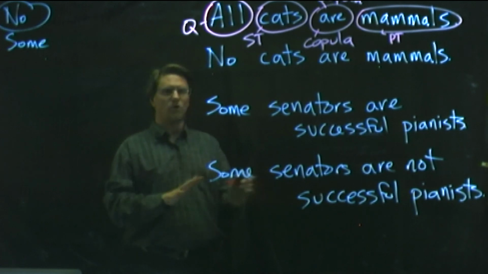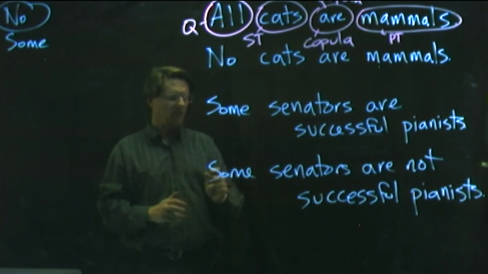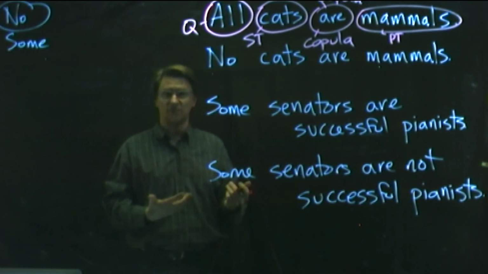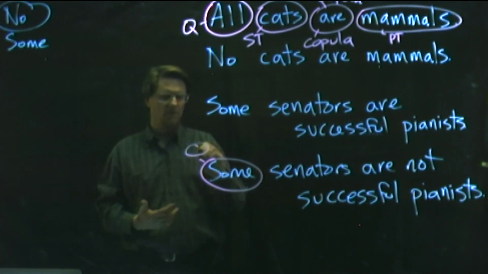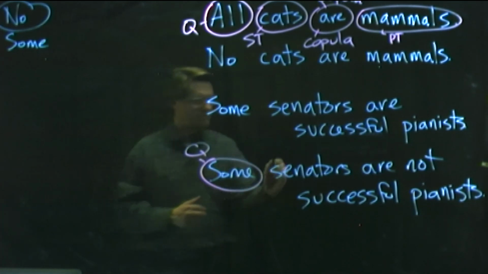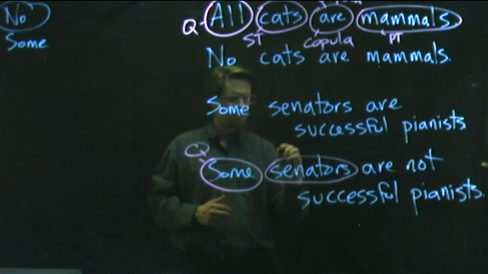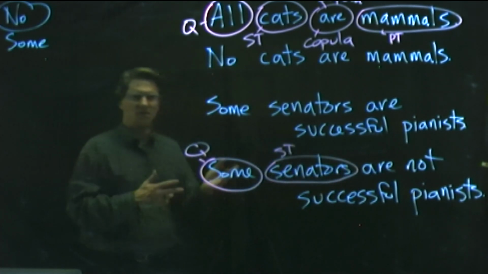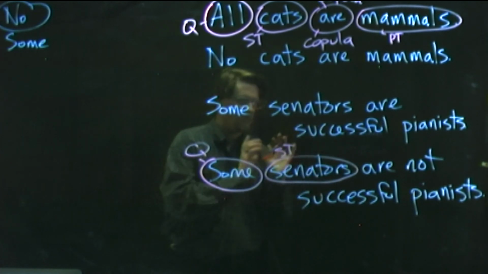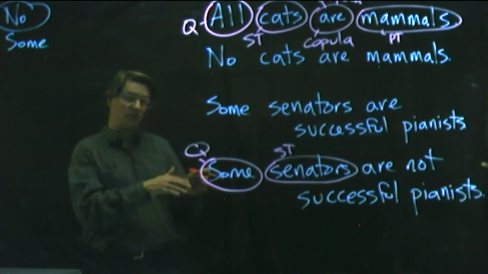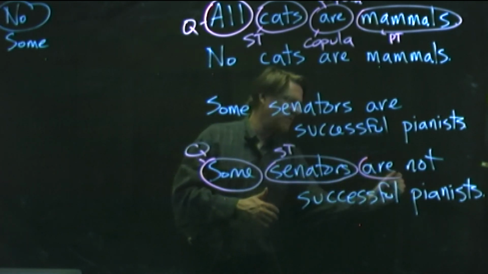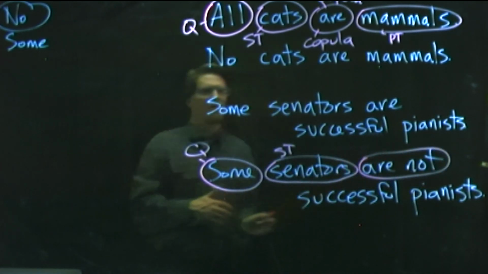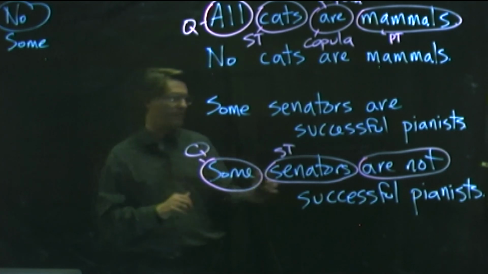Maybe I'll just do one more quickly here just to illustrate this, but some senators are not successful pianists, right? So here we have quantifier some. Senators would be the subject term. Now, if you ever have trouble with this, it might be because you get a statement like this and forget that the copula is in fact are not.